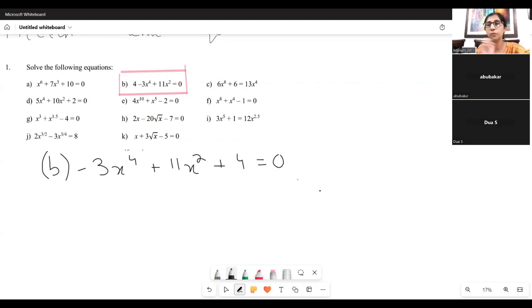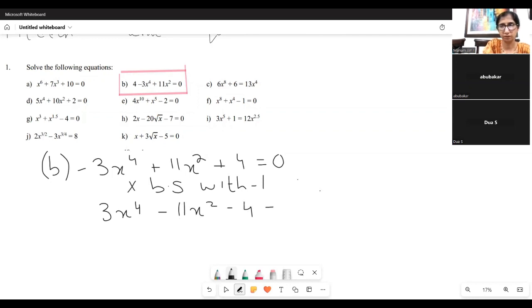Also, I'm going to multiply both sides by minus 1. Why am I doing that? Because the highest power term is negative, so the first coefficient becomes positive. It's not necessary to do this, but it makes the working a lot simpler. So the first term is now positive and the other terms are now negative.